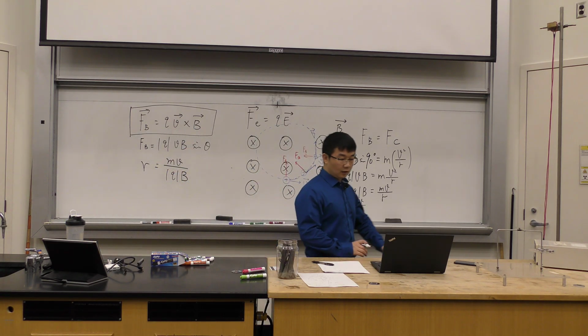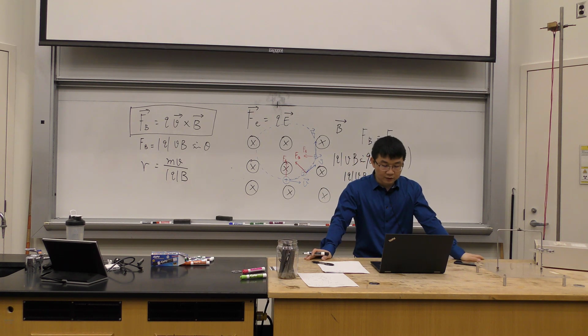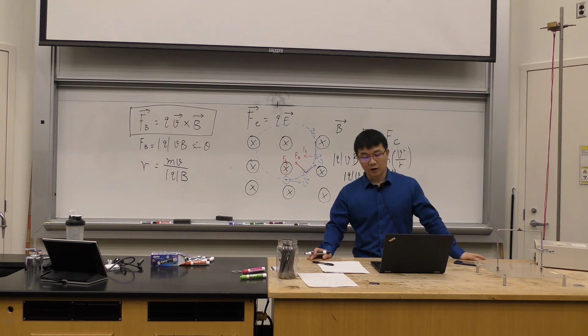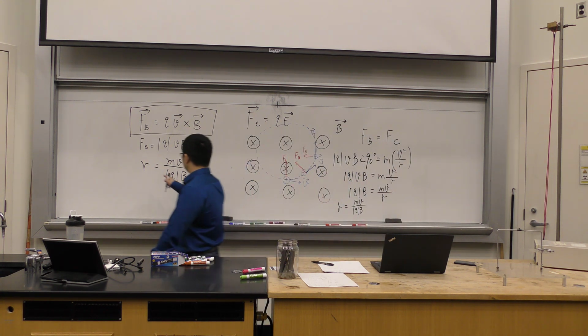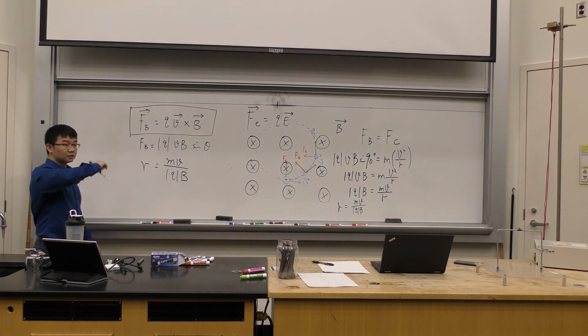Okay, so another thing we can derive is the period. We can also find an expression for the period. How do we find that expression? Well, remember, if something is in a uniform circular motion, which is true here, we can always define a thing called the period as the time for this object to complete 1 full cycle.